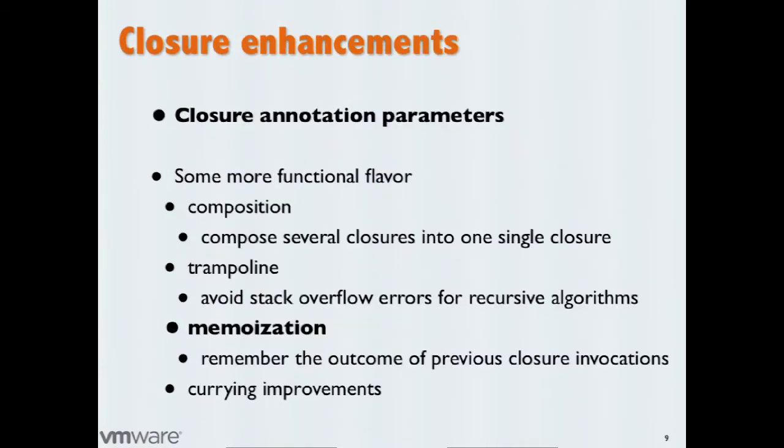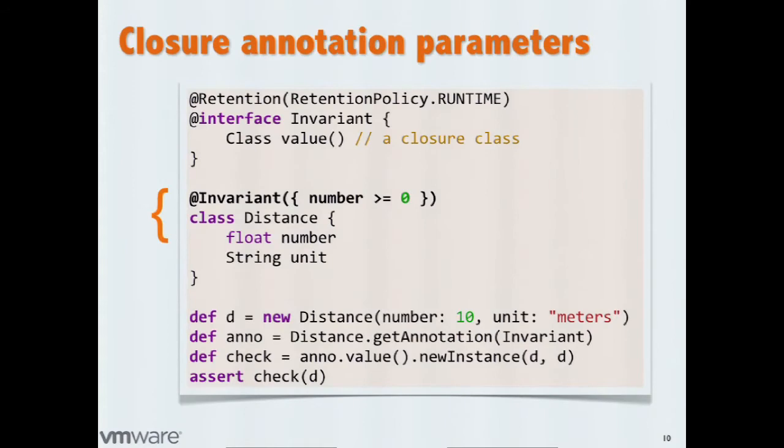Closures, which are a key cornerstone of the language, have seen several improvements, so I'll just focus on the ones which are in bold. Let's start with this one: closure annotation parameters. That's a bit of a mouthful. When you use annotations in Java, annotations can take parameters.